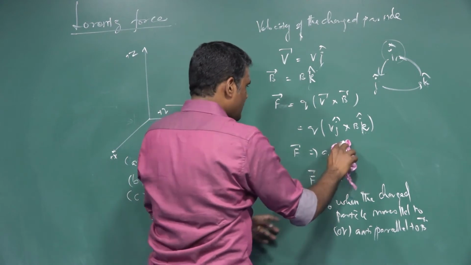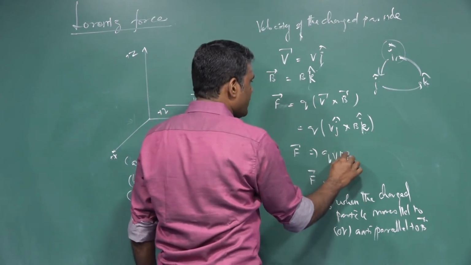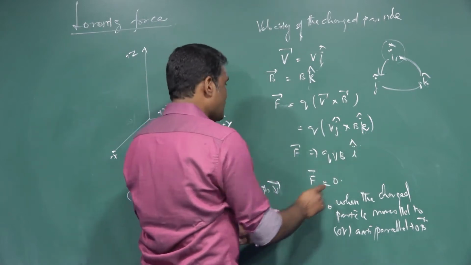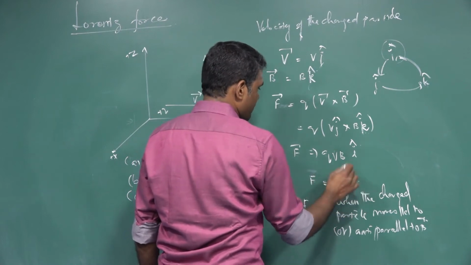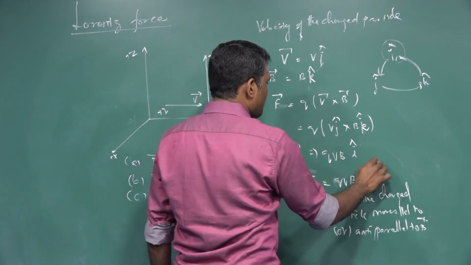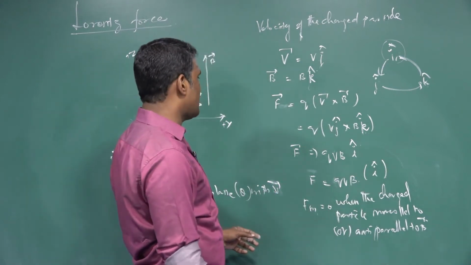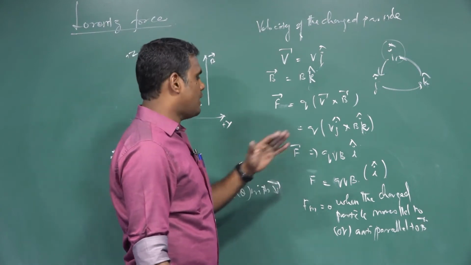So what will be the magnetic Lorentz force here? F vector equals QVB into i cap. So the magnitude of the magnetic Lorentz force is simply QVB, and the direction is along the positive x direction, or i cap.